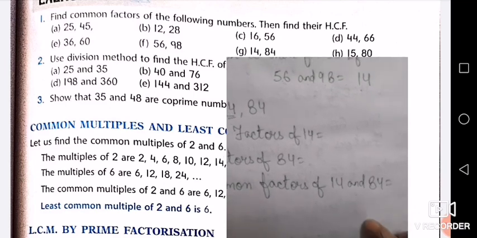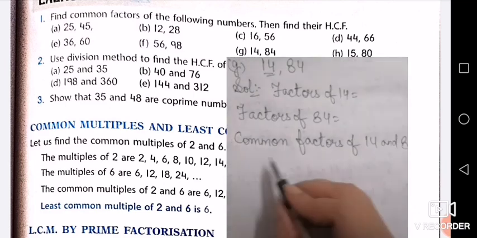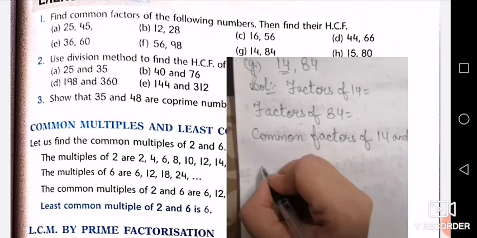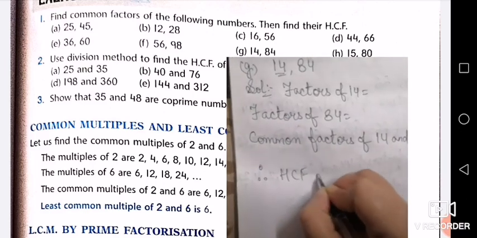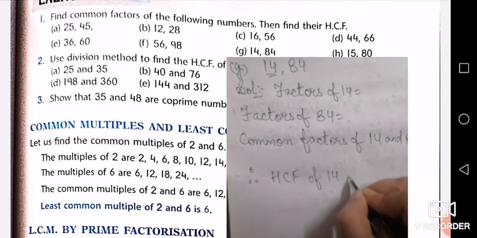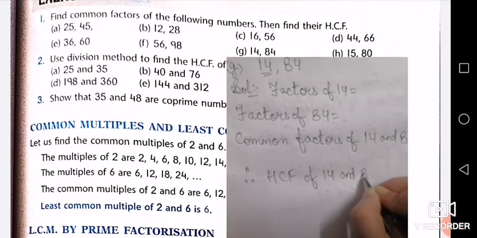After finding the common factors, you will write: therefore, HCF of 14 and 84.